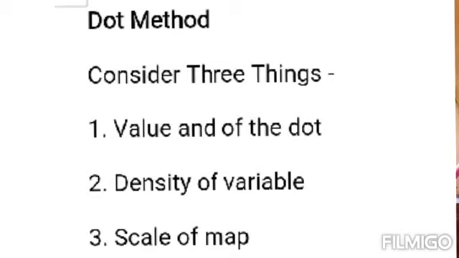With the help of lowest and highest values. Then we have to determine the number of dots. Then we have to keep some precautions. All dots should be of the same size. Then we have to consider physiography, water bodies, and transport systems while putting the dots. Then we have to give small dots for rural population and big circles for urban population, right?